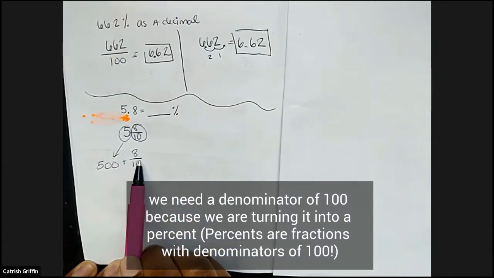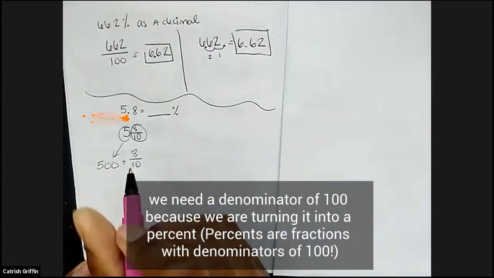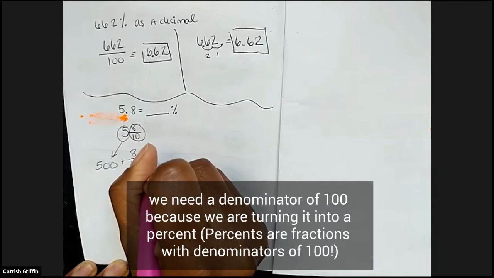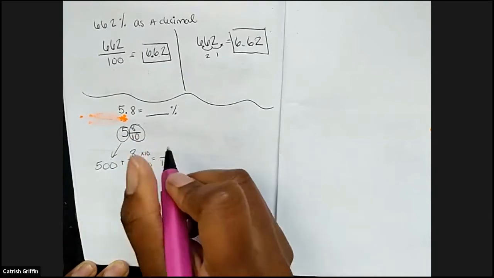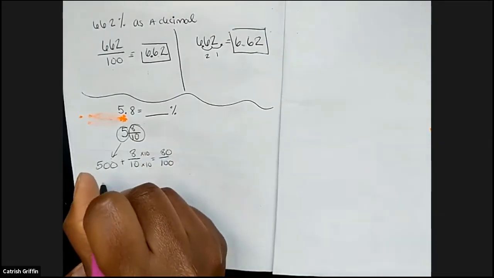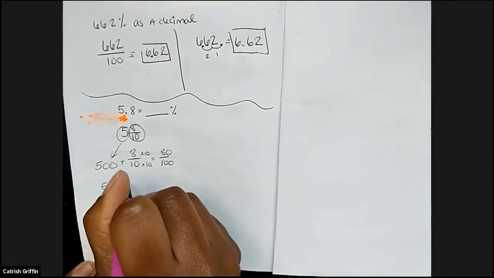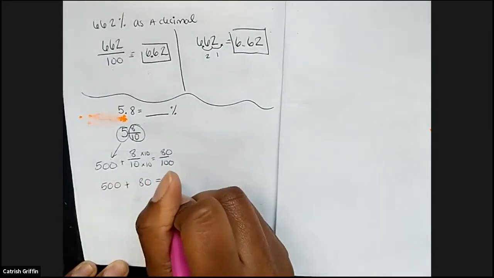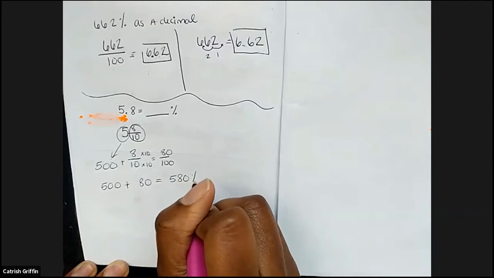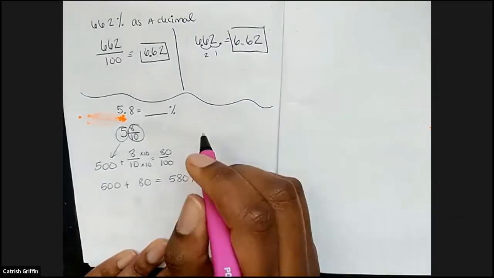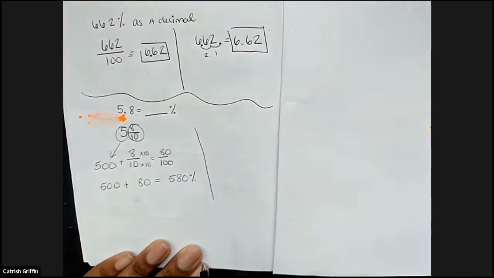And now I'm thinking about 8/10, but I need to write it with a denominator of 100. That's easy. I'm going to multiply both by 10. And when I do that, I get 100 in my denominator and 80 in my numerator. So what I really have is 500 hundredths plus 80 hundredths, which is really 580%.